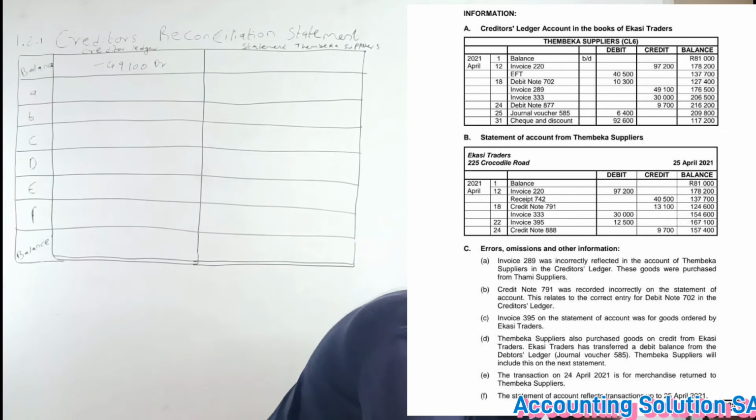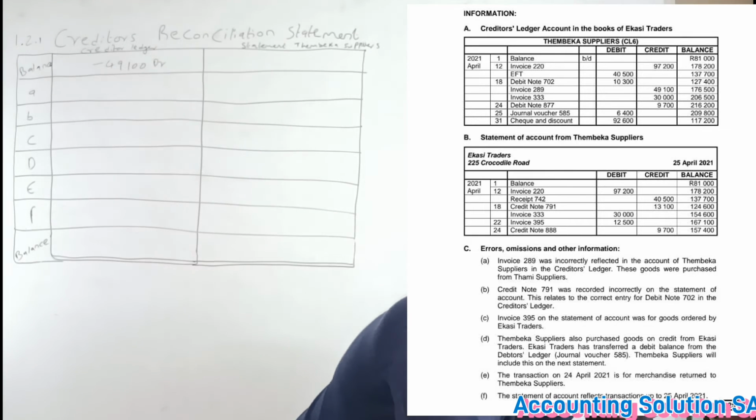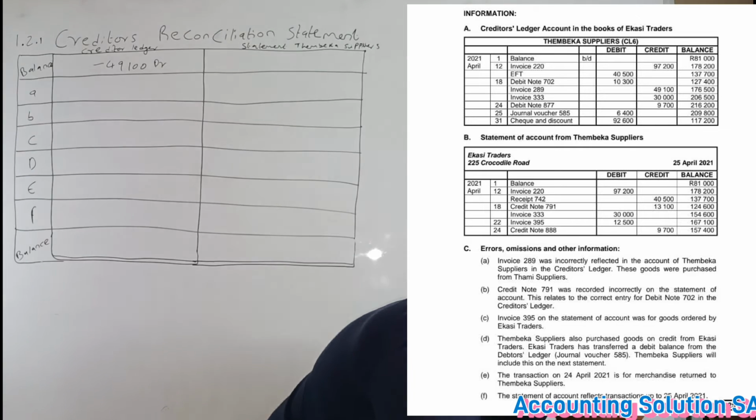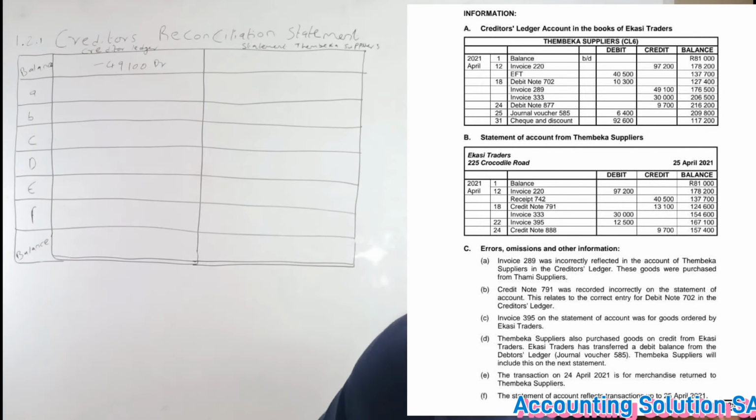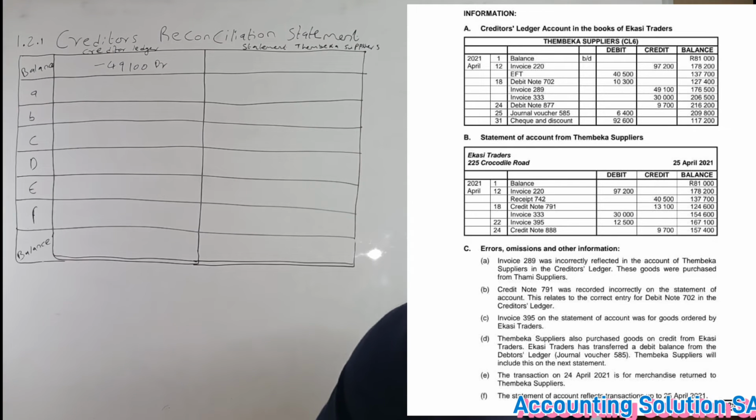A credit note of 791 was recorded incorrectly on the statement of account. This related to the correct entry for debit note of 702 in the creditors ledger. Which means that in this case we have to check the credit note of 791.